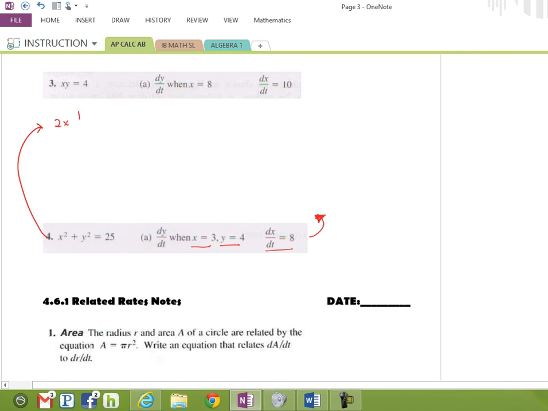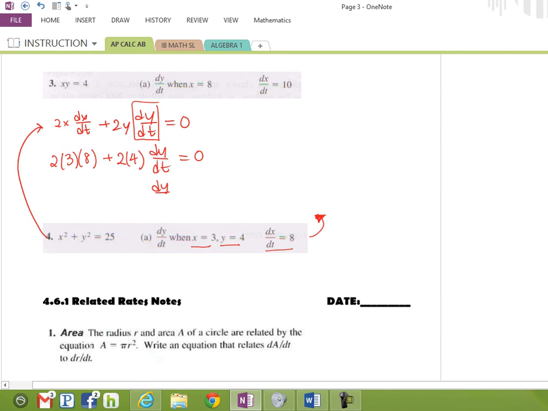So 2x dx/dt plus 2y dy/dt is equal to 0. And I want to solve for dy/dt. This is my question, therefore I better have all my other variables. x is 3, dx/dt is 8, plus 2 times y, which is 4, times dy/dt equals 0.